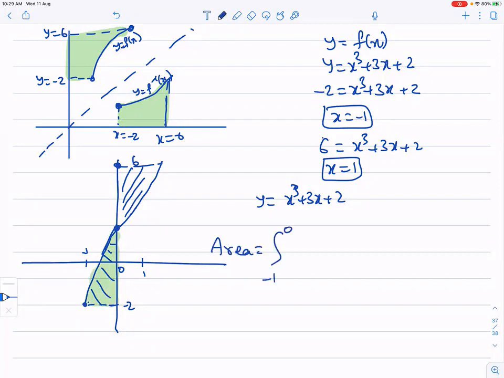I integrate with respect to x, from -1 to 0. The upper curve of this portion is f of x, x cube plus 3x plus 2, minus the lower curve y equal to -2, dx. That will give me the area of that region, plus integral 0 to 1.